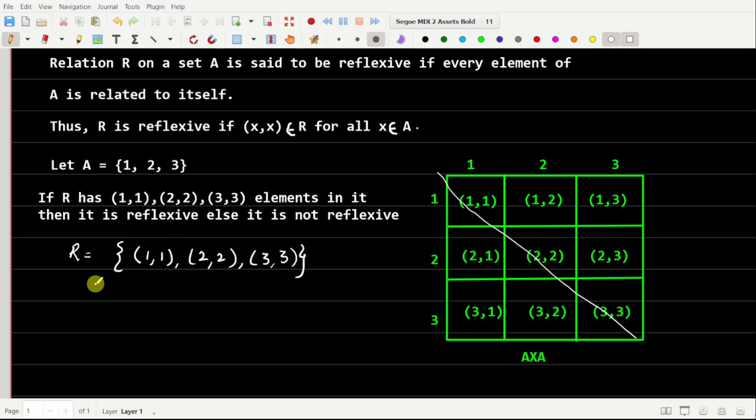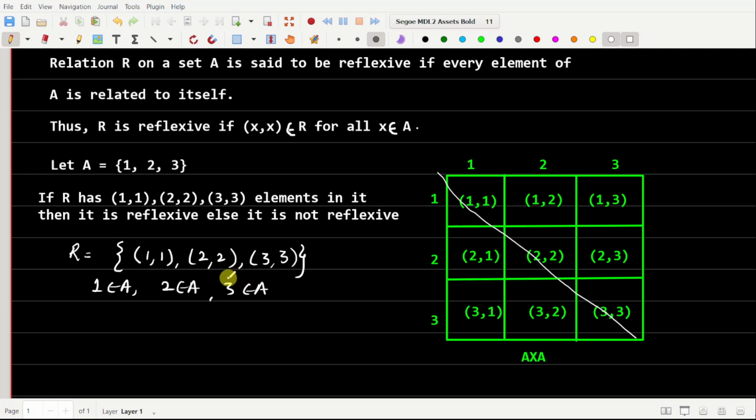Because 1 belongs to A, 2 belongs to A, 3 belongs to A, that means (1,1) should also belong to the reflexive relation, (2,2) should belong to the reflexive relation and (3,3) should also belong to the reflexive relation, right?